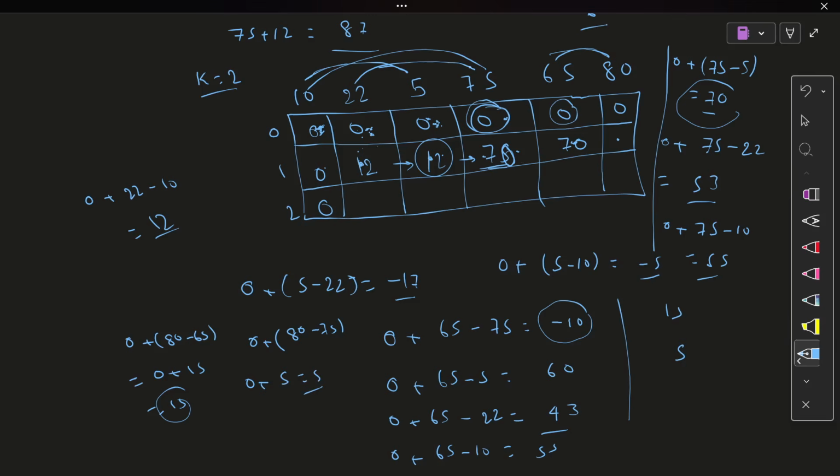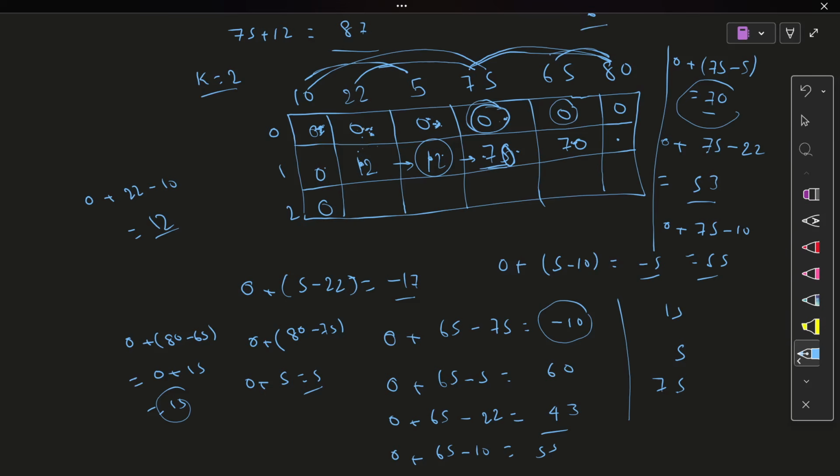Then check for this one. So here 0 transactions, here 1 transaction is completed. Okay. So this one is completed. This one 80 minus 5, 75 plus 0, 75.